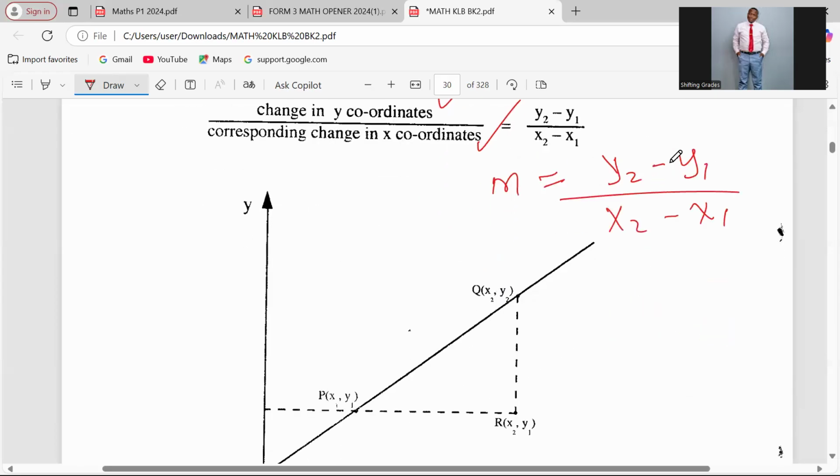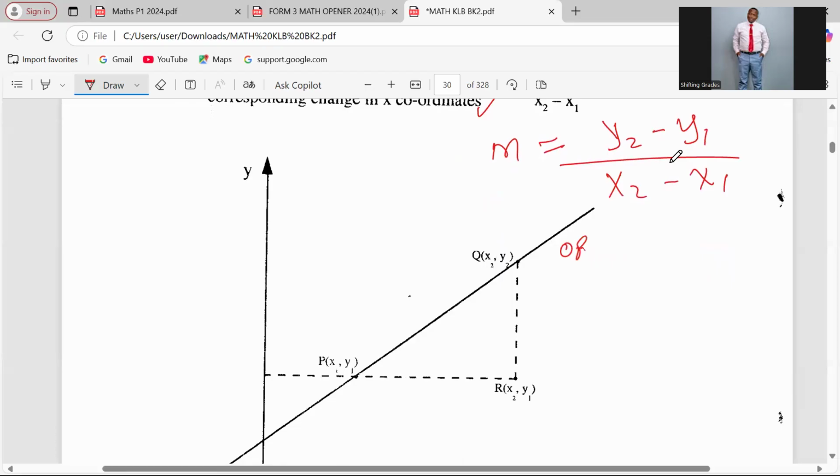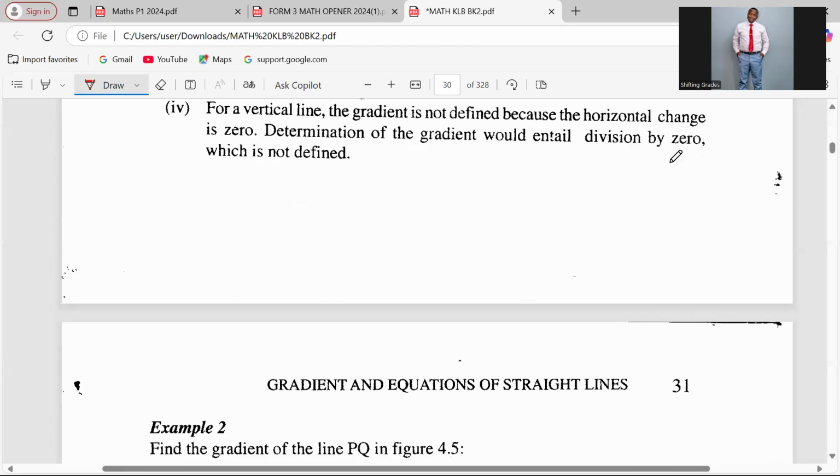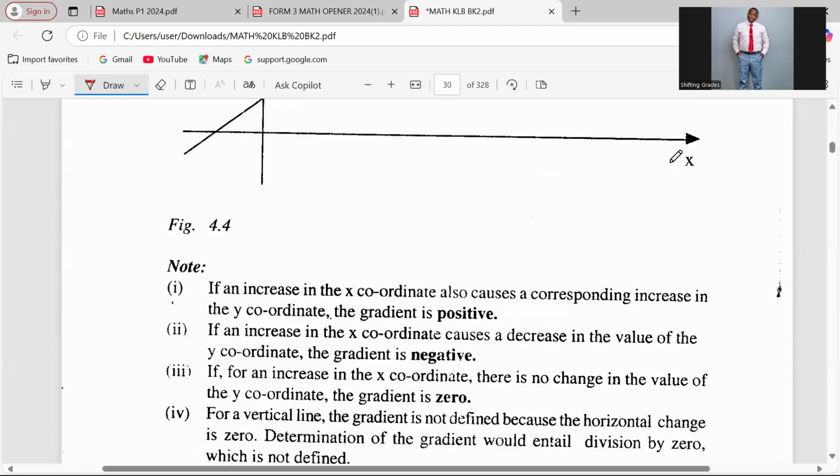But this does not restrict us on the coordinate that we begin with. It can even be y1 minus y2 out of x1 minus x2. This will give us the same gradient.